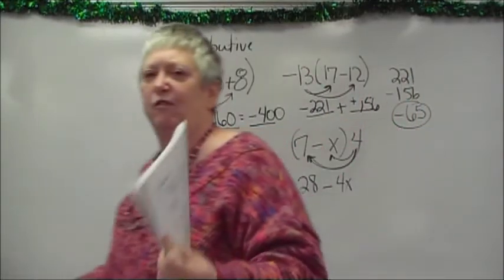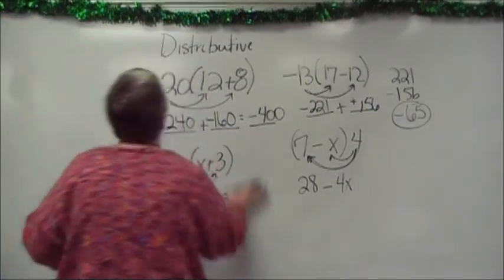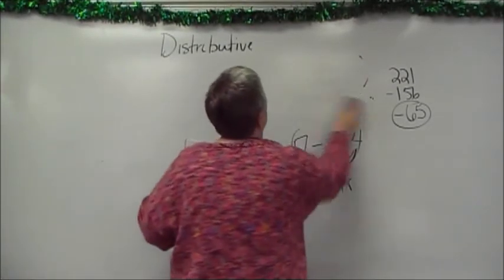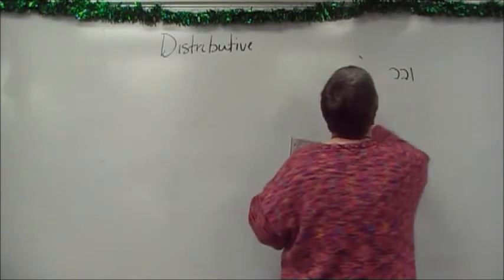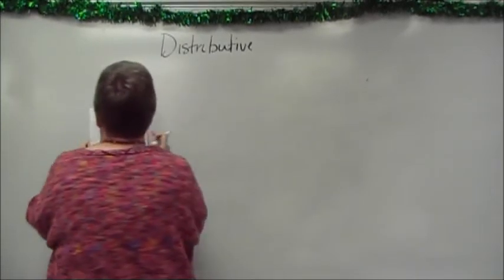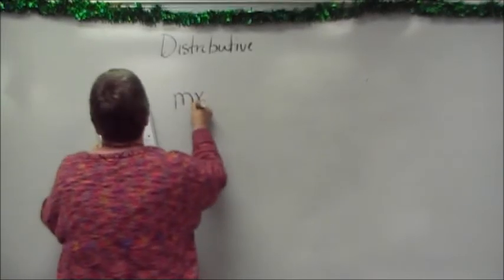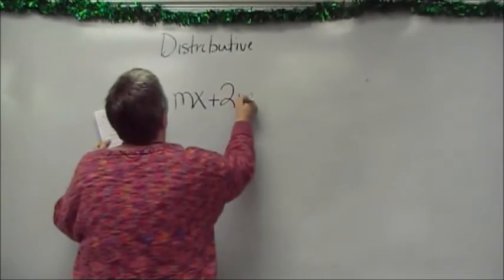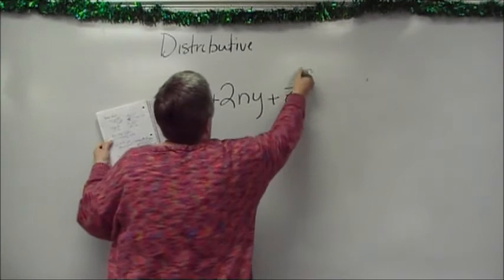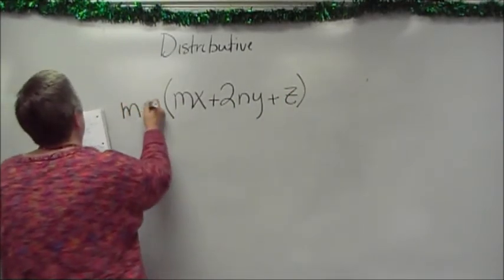Now we're going to do some alphabet soup type things. So give me a moment and I can erase my board. You need to write down these two problems. mx plus 2ny plus z, all of that is going to be multiplied by mn.